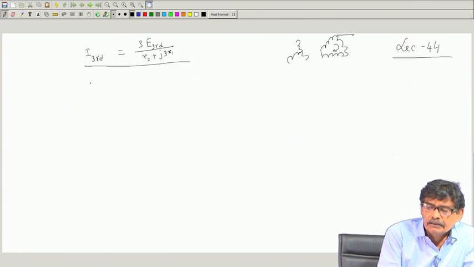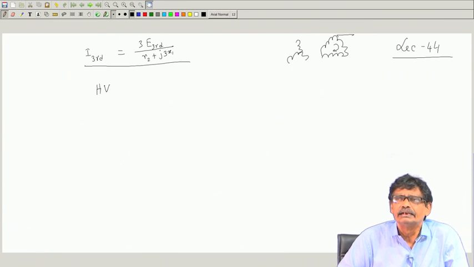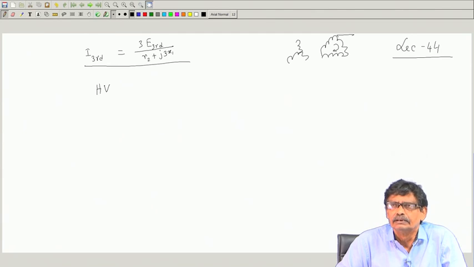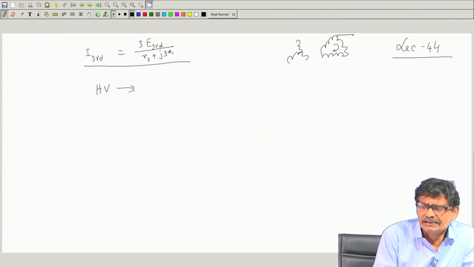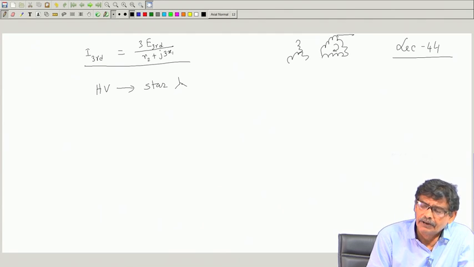For example, generally one of the sides had better have delta connection. Generally the HV side is chosen as star connection. Why?